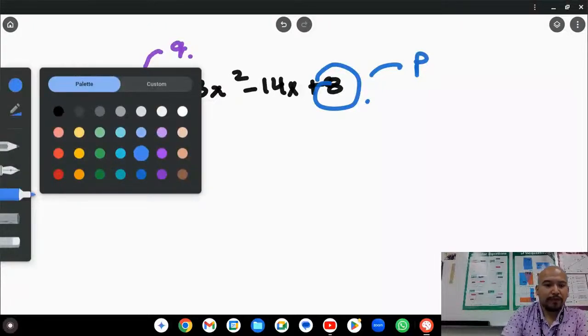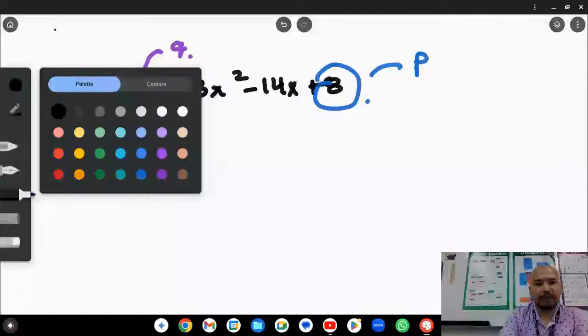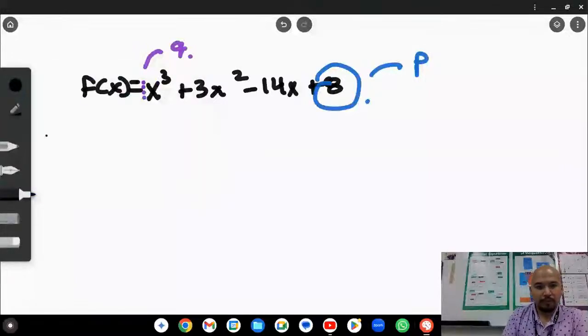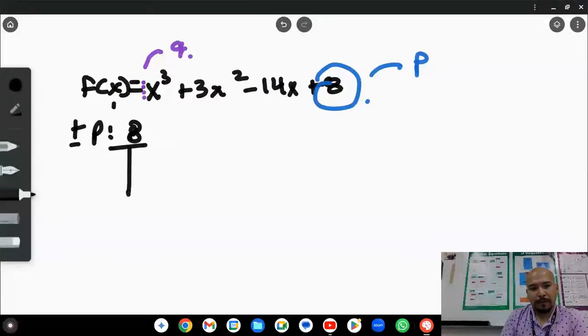So what we're going to do now is get the factors of p and q. So plus and minus factors of p. In this case, we have an 8. So factors of 8 are 1 and 8, 2, 4, and that's it. Now we do the same thing for q.